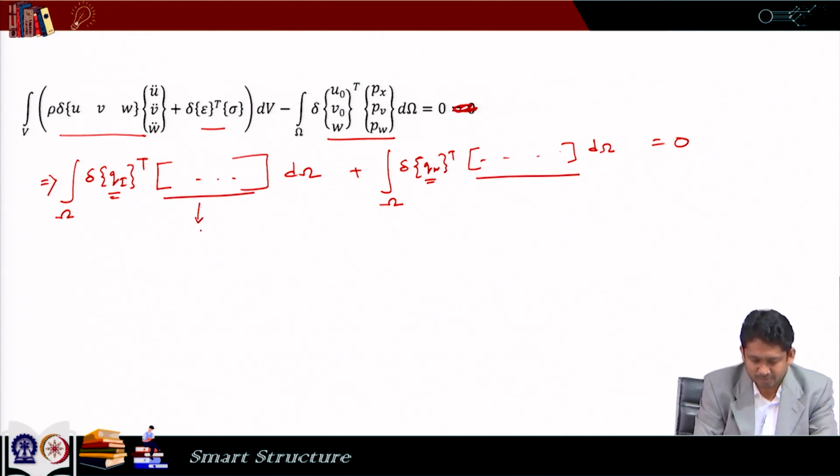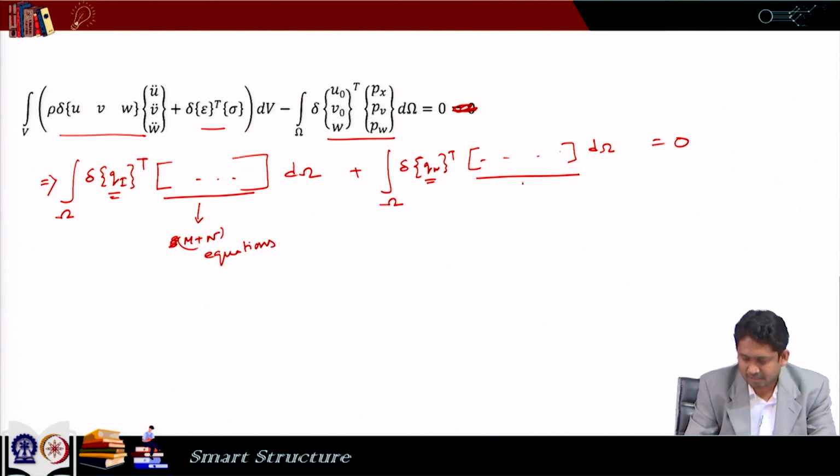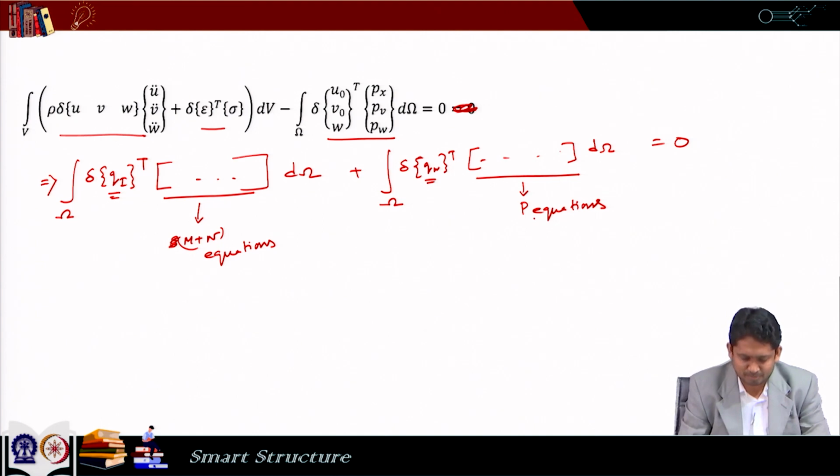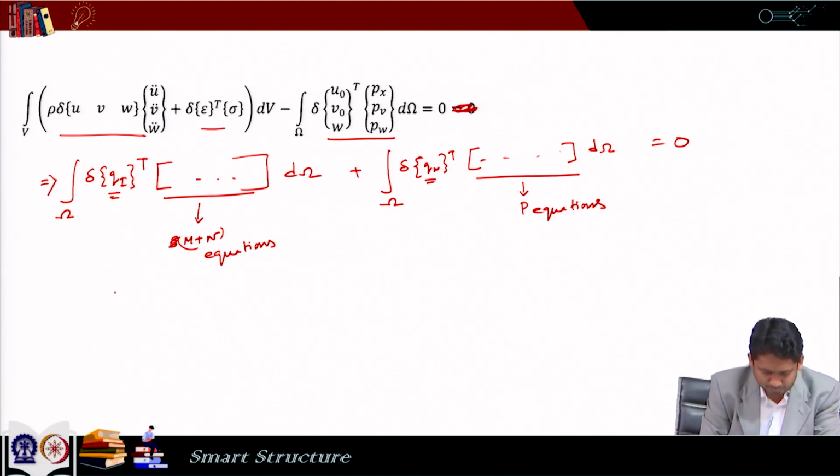So, this gives us m plus n equations, and this gives us p equations, where m and n are the number of terms used to approximate our u0 and v0, and p is the number of terms which is used to approximate our w. So, finally, the equation would look like this.